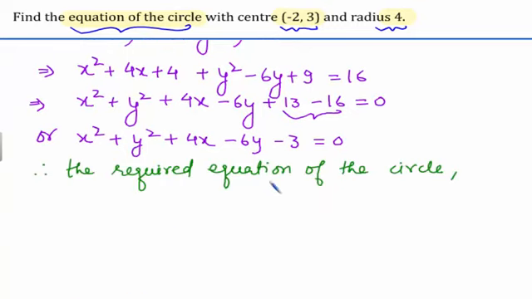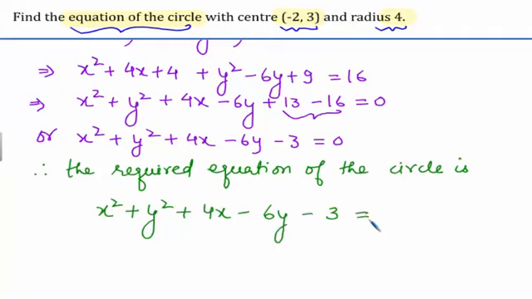Therefore, the required equation of the circle with center minus 2, 3 and radius 4 is x square plus y square plus 4x minus 6y minus 3 is equal to 0. So this completes the solution.